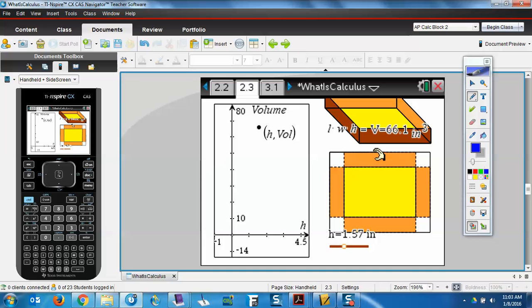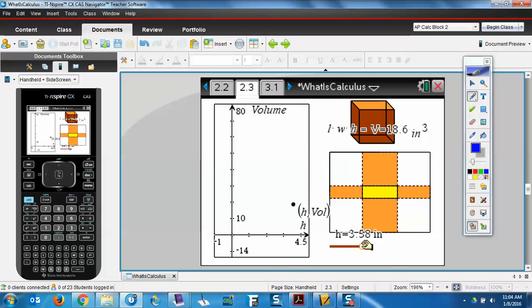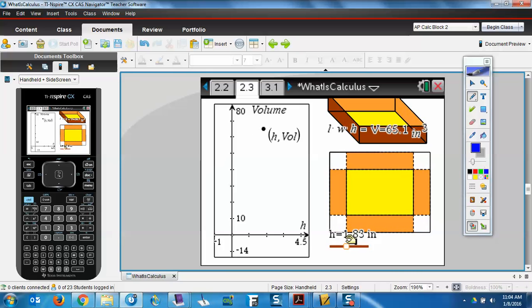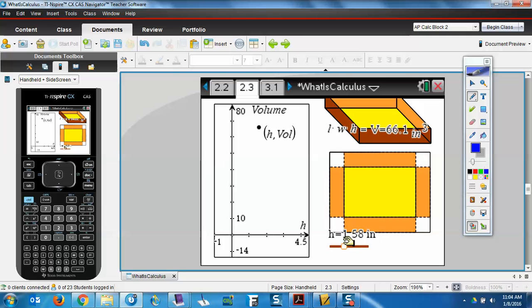But we start with simple ones like that. We'll use the calculus to find it, but it just lets us practice our procedures. Then as you get to more difficult problems, the calculus becomes more important. You can tell there's a place right about there where you get the peak, and that would be the max.